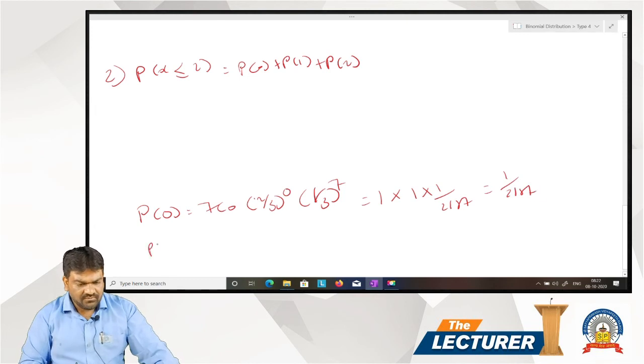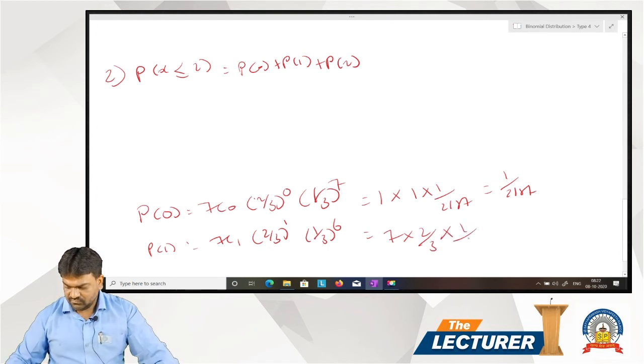P of 1 is 7C1, 2 by 3 raised to 1, 1 by 3 raised to 6. 7 multiplied by 2 divided by 3, and 1 upon 729, gives 14 upon 2187.